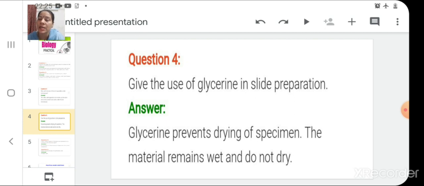Glycerine makes a layer on your skin so that the moisture does not escape across it. The same thing happens here. When glycerine is placed over your specimen, the specimen will not lose its moisture. So it prevents drying of the specimen.